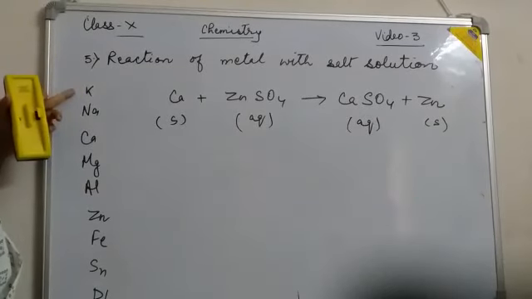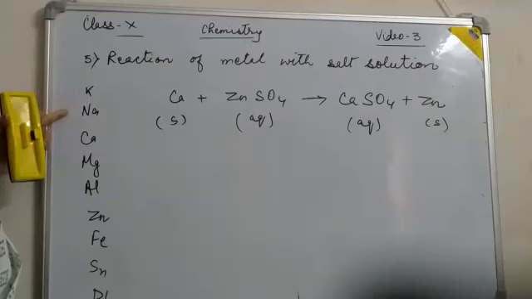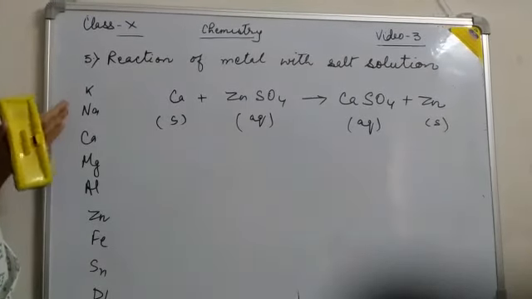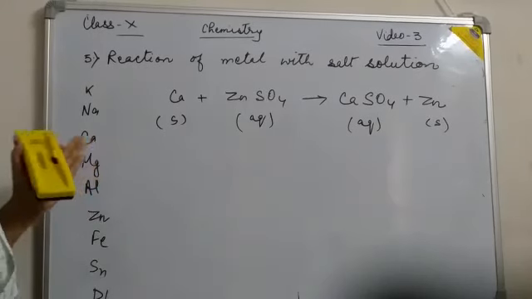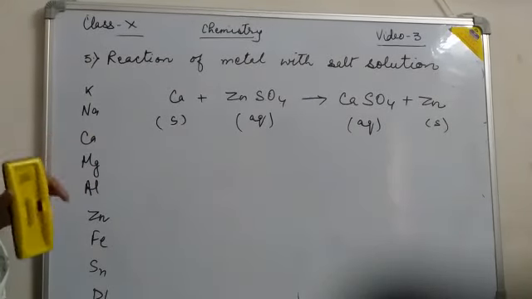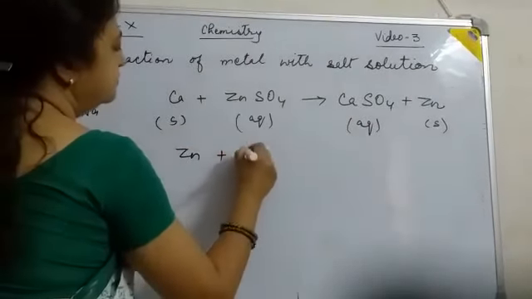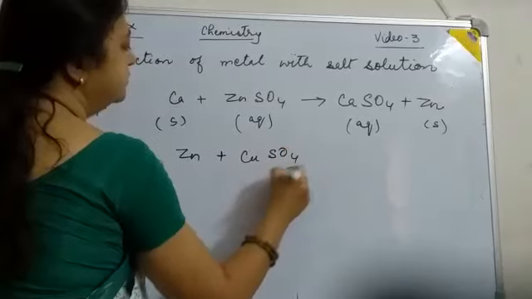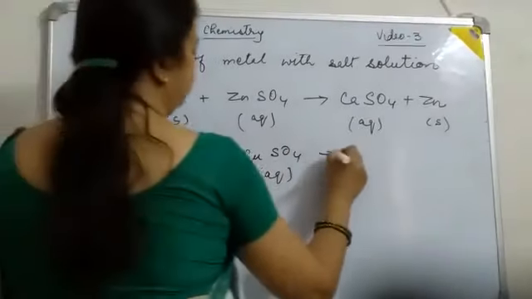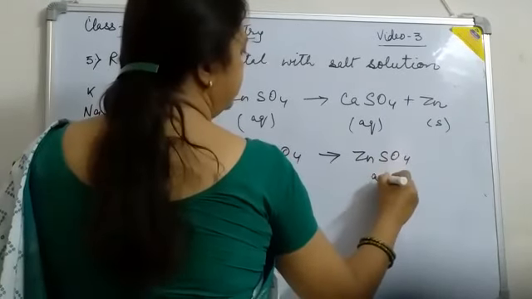Potassium is at the top of the reactivity series. I may blunder sometimes and place sodium in the upper hand, so ignore that. Next is zinc plus copper sulfate. Solid zinc with an aqueous solution of copper sulfate forms zinc sulfate, an aqueous solution.